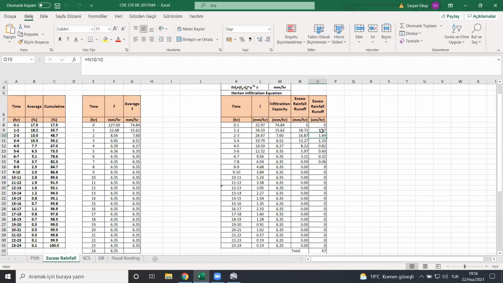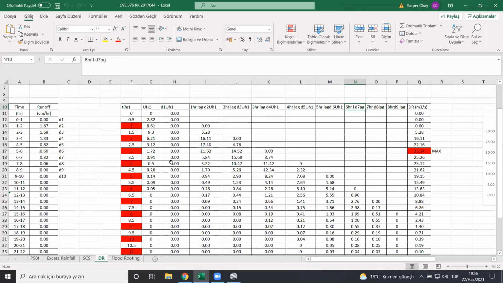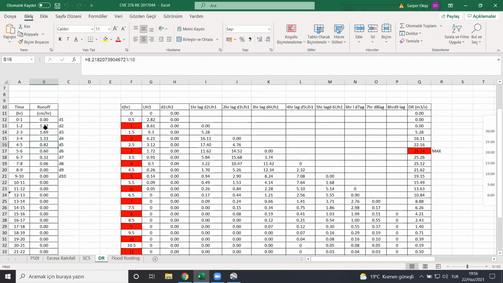These values show how much you need to multiply these OH values. So let me show it to you on the graph. Basically, these are the excess rainfall values. I took them from here. Okay. So these are the excess rainfall values.